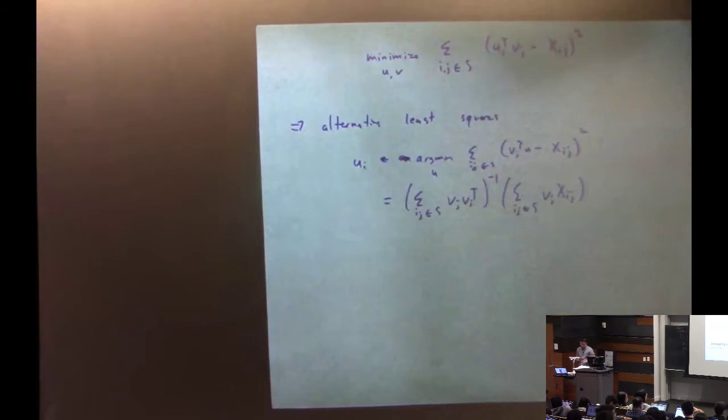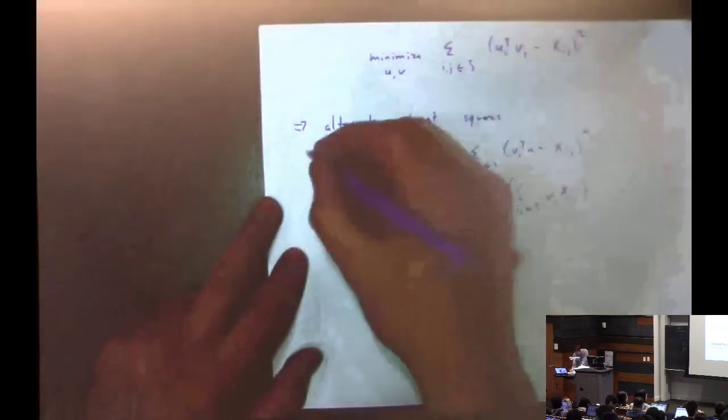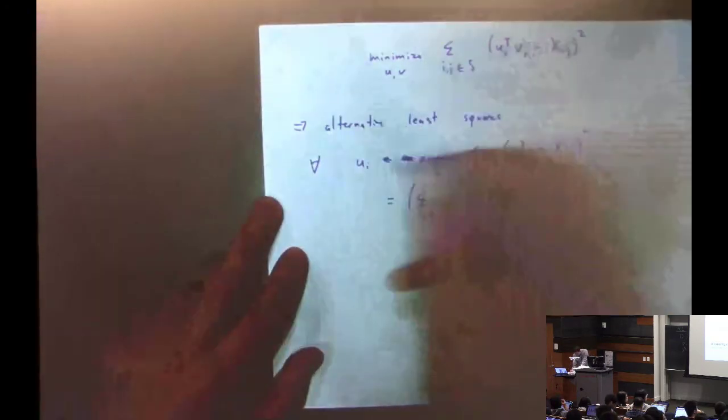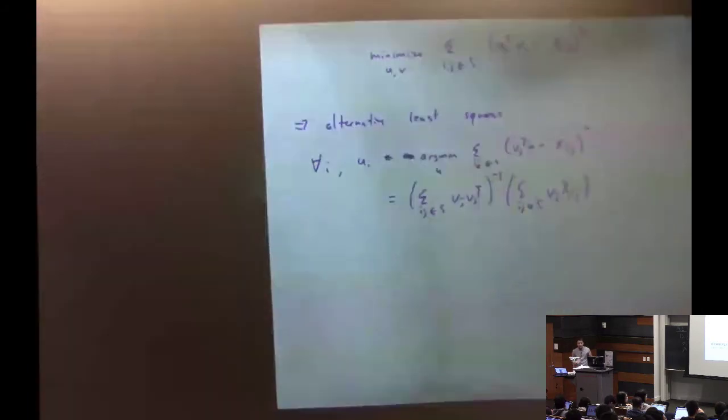Okay, so that gives me a solution for a single user's coefficients. And I can just do this for all i. So for all i, set ui to be the solution to the least squares problem here.